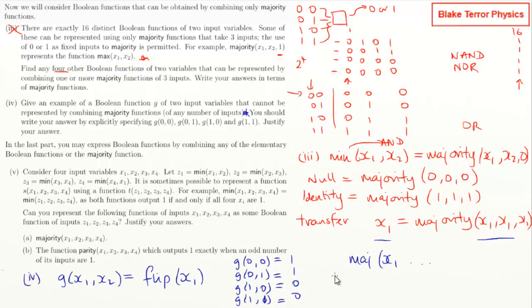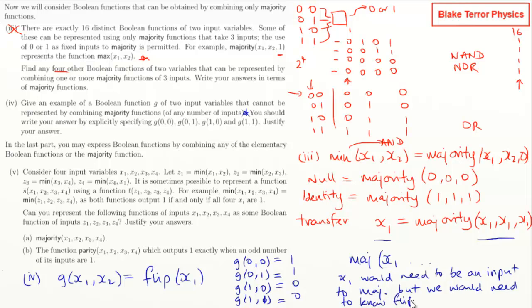Right, so x1 would need to be an input to majority, but we would need to know flip x1 in advance for majority to work, for majority to replicate g.